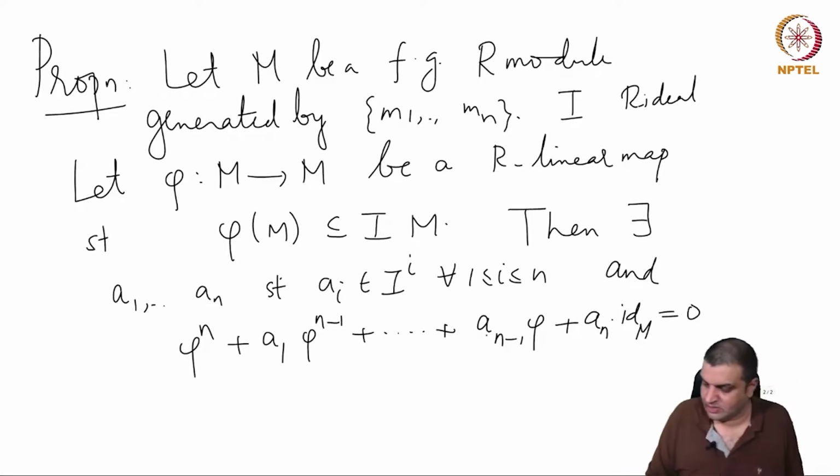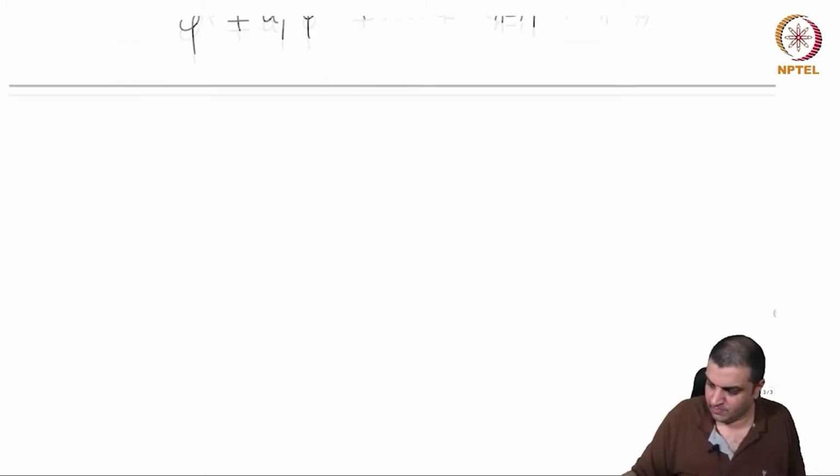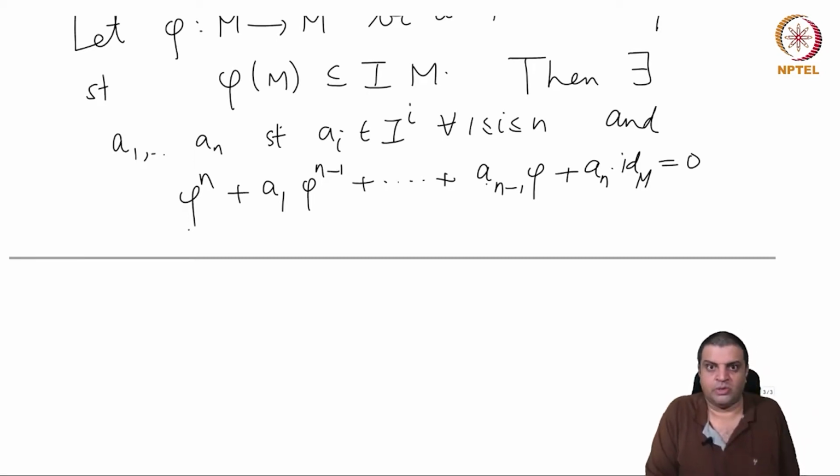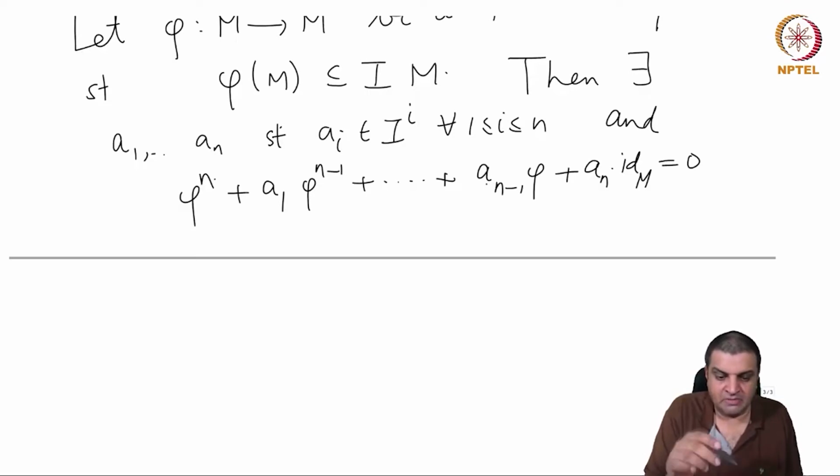Okay. So let's just make sure we understand what the statement means. Notice that phi is a homomorphism from M to itself, so we can compose it multiple times and we can talk about powers of phi. So phi to the n means the composition of phi n times, then n minus 1 times and so on, and the last term is just an times the identity.